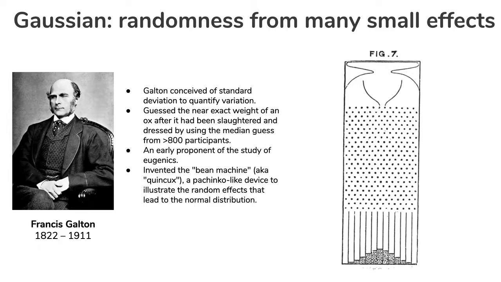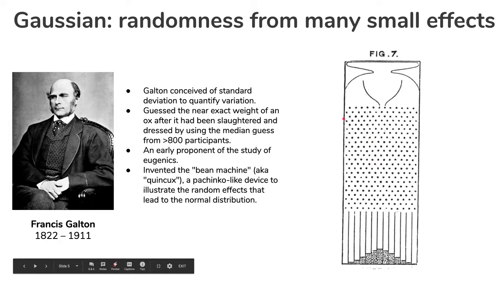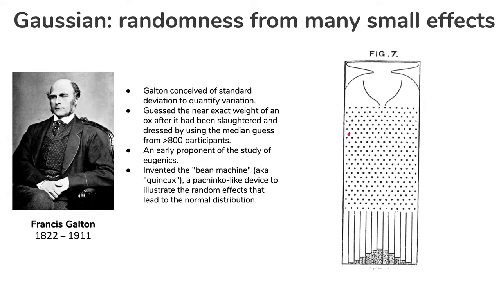And I think this is a really nice illustration of the combination of many, many small effects. These effects are each of these layers of pegs. They contribute a small amount to where the bead ends up, but taken together, all those things lead to most of the beads being kind of in the center, but rarely they go out to the right tail or to the left tail.